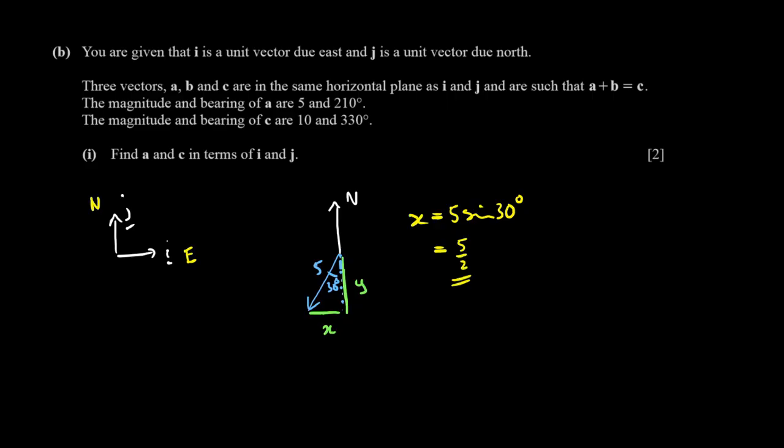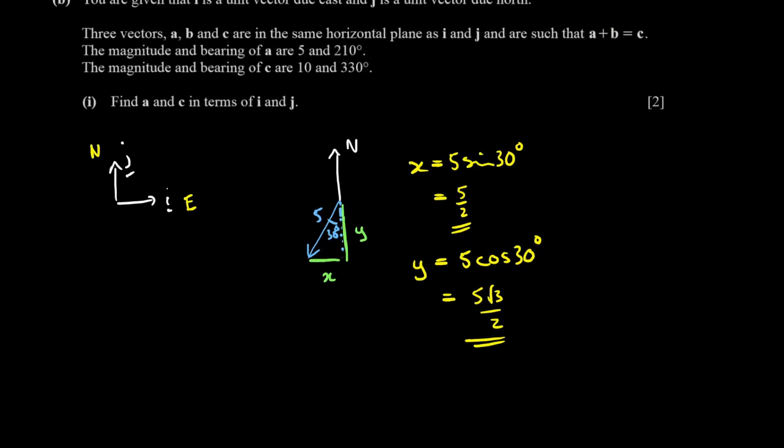Okay, what would our y be? Well, similar thing. The y is the adjacent side, so that will be 5 cos 30 degrees. And cos 30 degrees is root 3 upon 2, so this is going to be 5 root 3 upon 2. Now, we've just got to be a little bit careful here because the horizontal component is going to the left and the vertical component is going down.